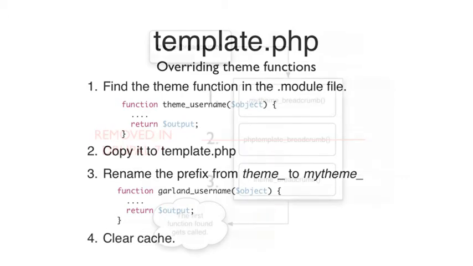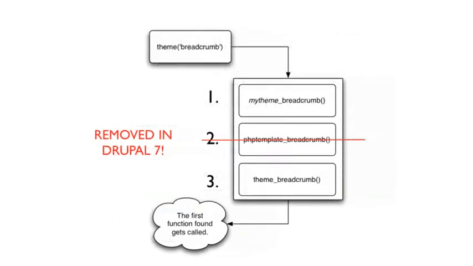Don't forget to clear the cache though. So the way Drupal looks at theme functions is, in a module, theme breadcrumb is written, and immediately it goes and looks and says, hey, does the current theme have any specification about what that means? So it looks for my theme underscore breadcrumb. If it finds it, great, it uses it, and that's the output.